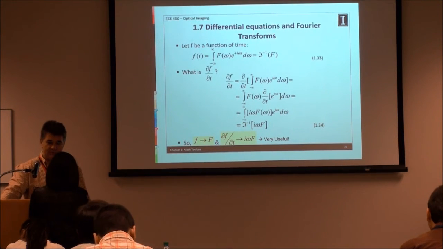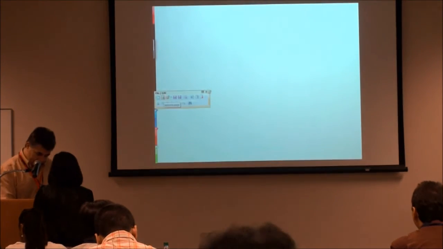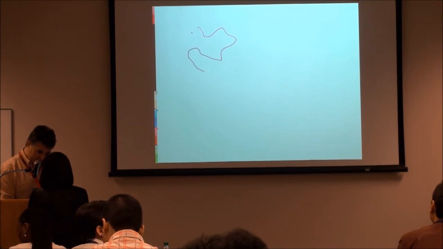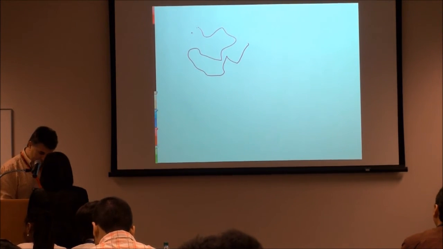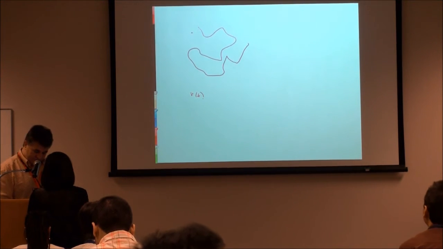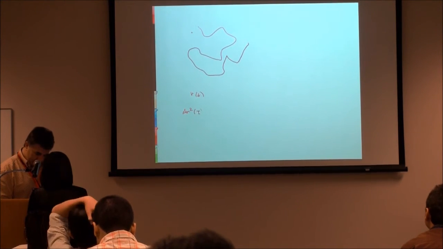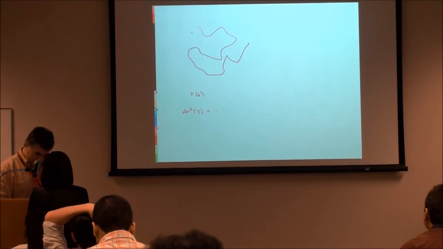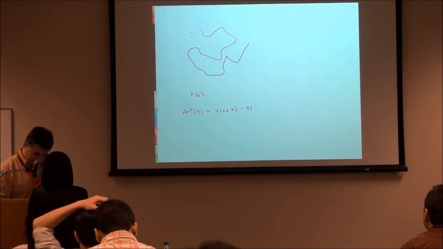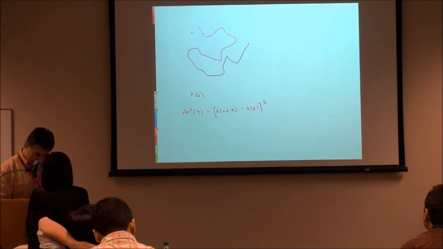Do you calculate mean square displacement? Like if you have a particle moving from here to here, and then here, you can say R of t is the position, right? And the fundamental property that matters is the mean square displacement, which is the average of R of t plus tau minus R of t, squared.